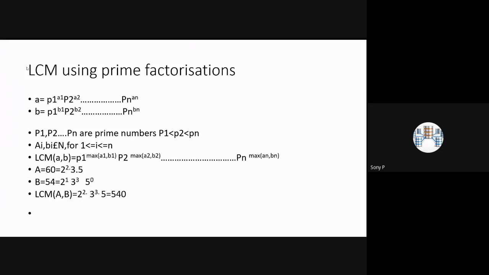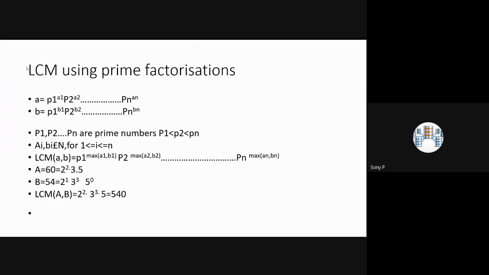Similarly, the second number b can be written like this: p1 raised to b1, p2 raised to b2, etc. up to pn raised to bn. p1, p2, etc. up to pn are prime numbers, with p1 less than p2 less than pn. Each ai and bi are elements of natural numbers.